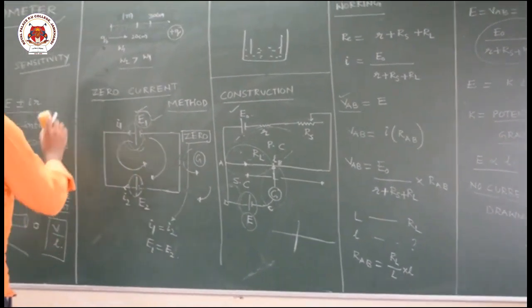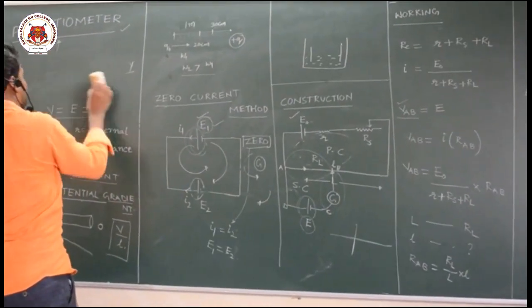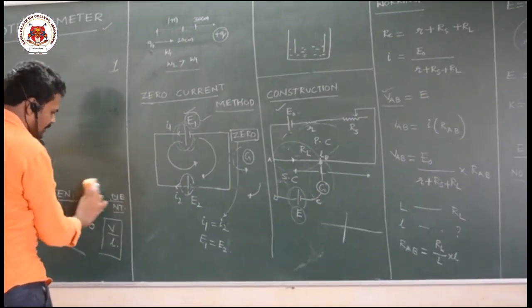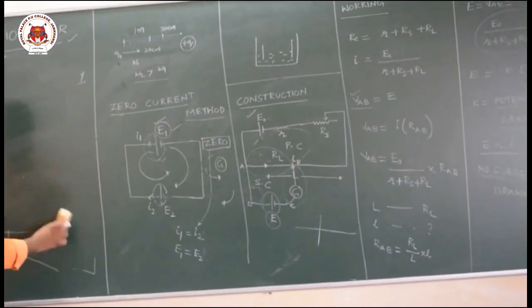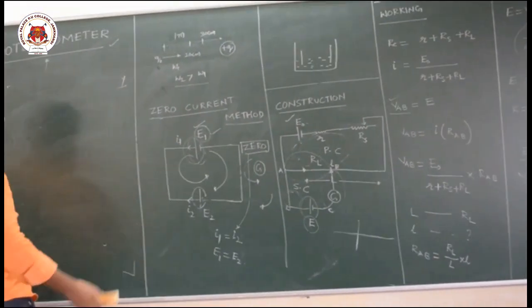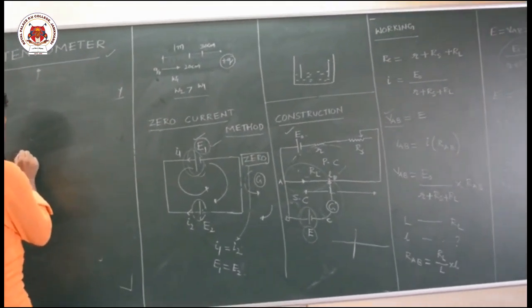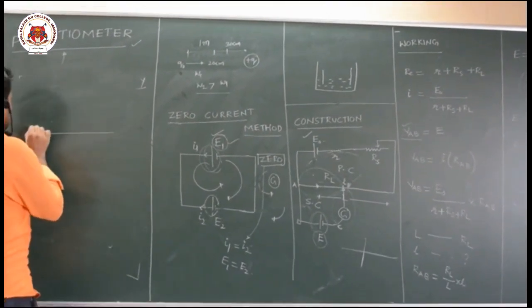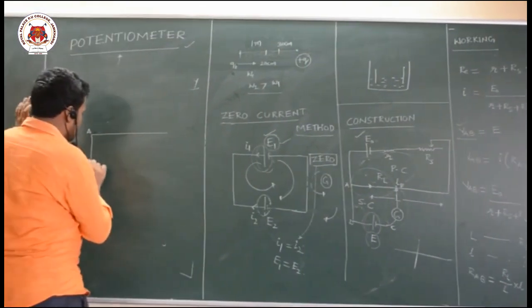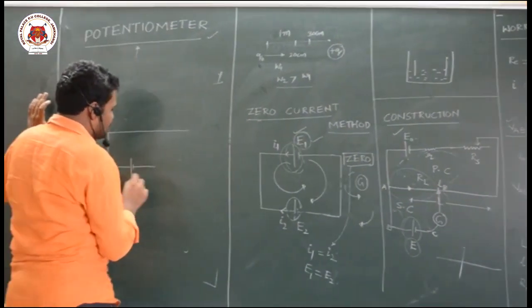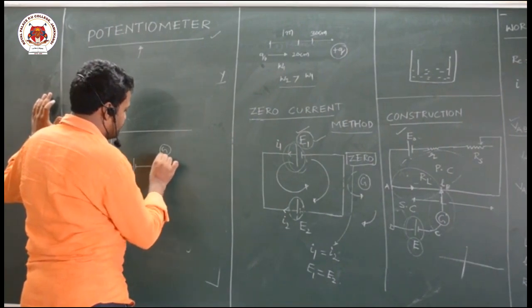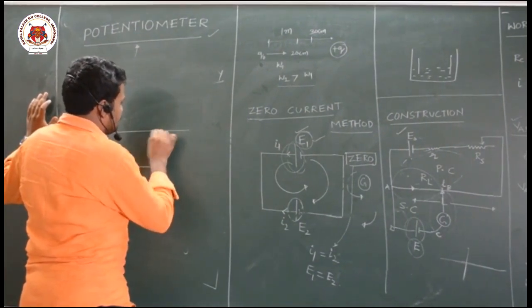So what happens before balancing length and after balancing length? Let us see. This is the wire. This point is A. Here you have a cell in the secondary circuit. There is a galvanometer. This is the jockey.